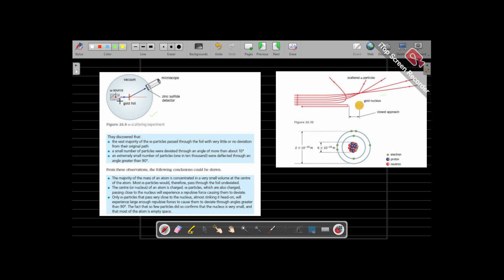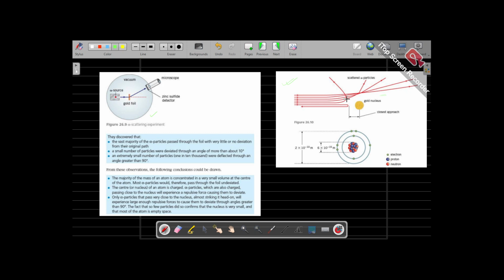A stream of alpha particles were projected through this source onto the gold foil, and as a result, the detector recorded the deflections of the alpha particles which were received at certain angle. This figure right here shows the deflection or the deviation of these particles as well.